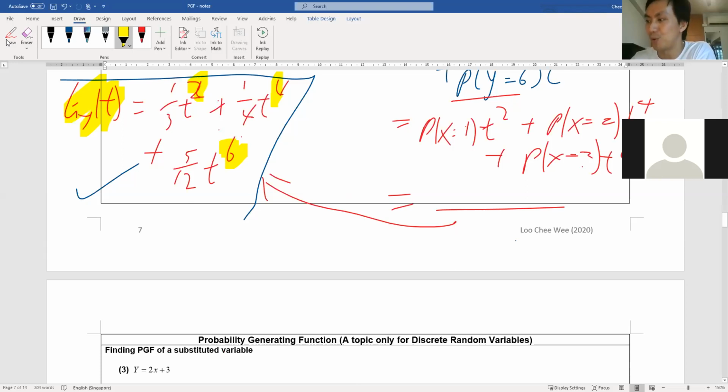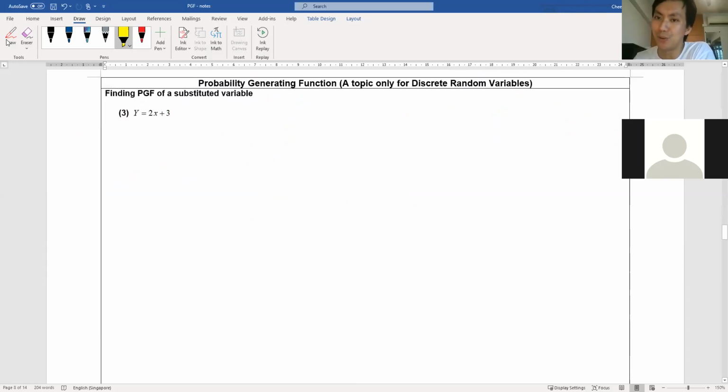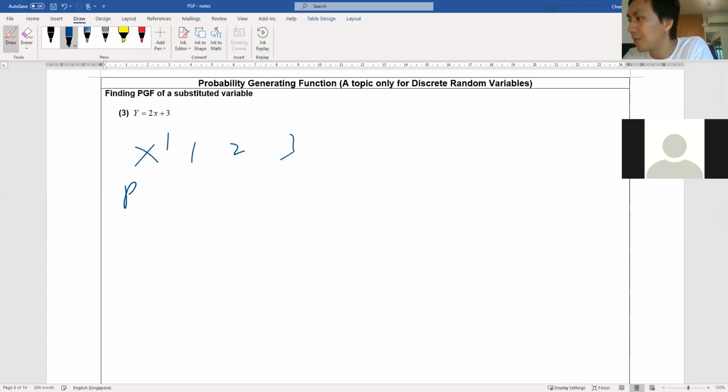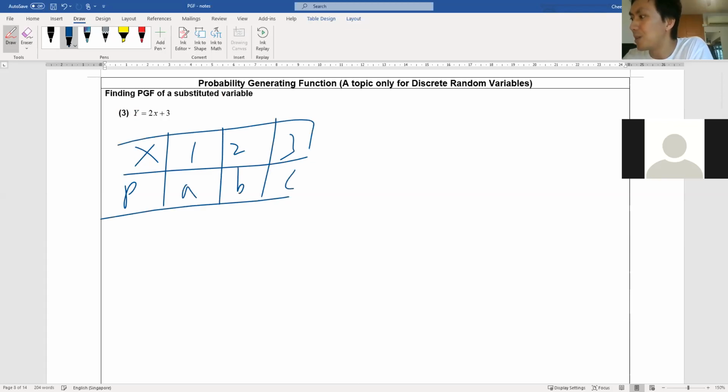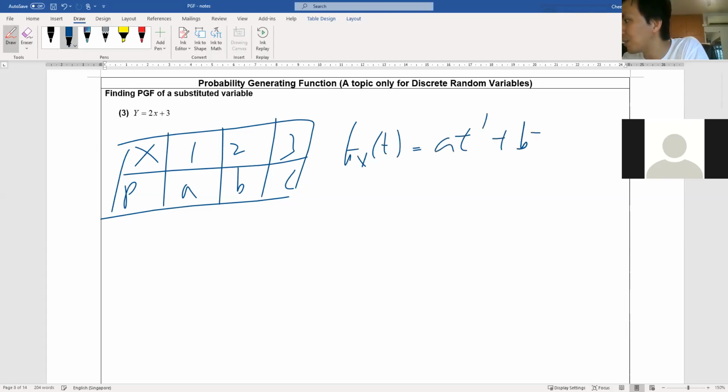The third kind which you can expect will be the combination of both transformations. So same gameplay again. When the time comes, just don't get confused by this. So if you have x to be 1, 2, and 3, now just write a, b, and c. Okay. So the PGF of x is just a t to the power 1 plus b t squared plus c t cubed. Okay. So if you want to construct 2x plus 3, immediately you can just write down y.